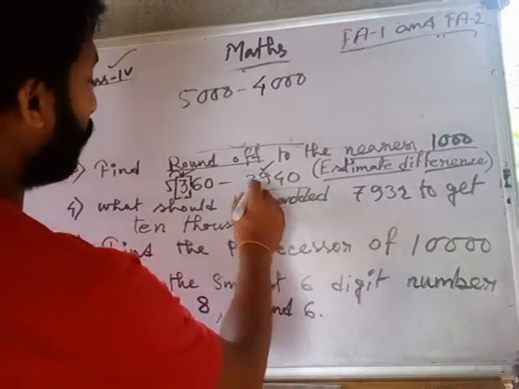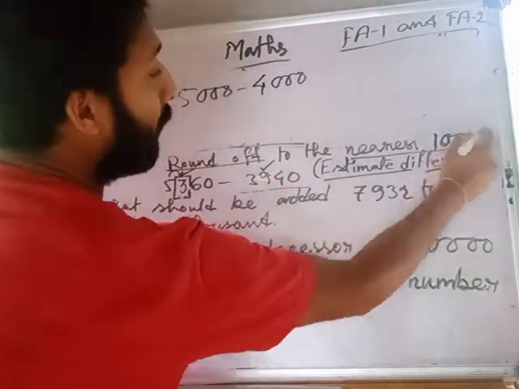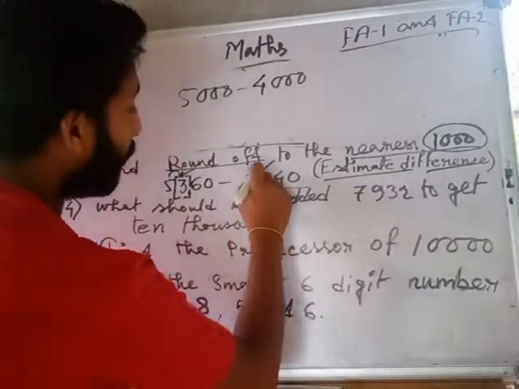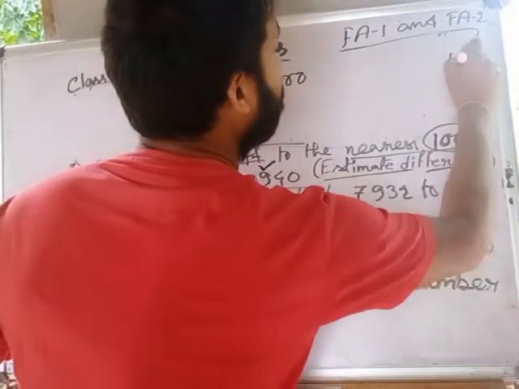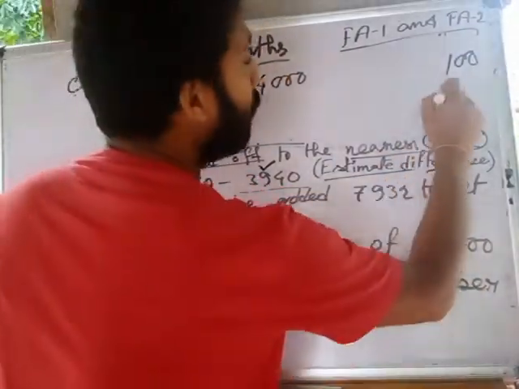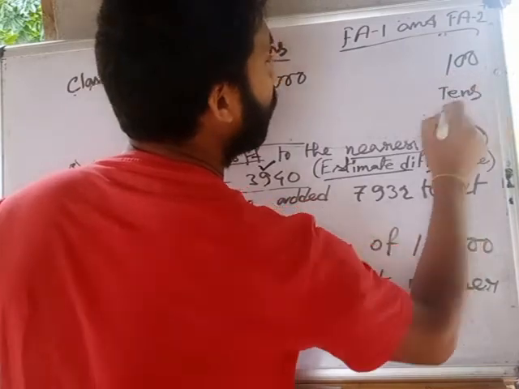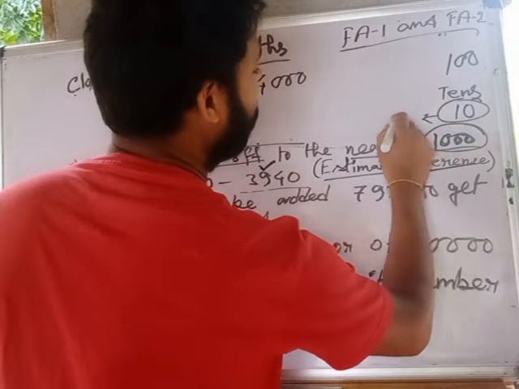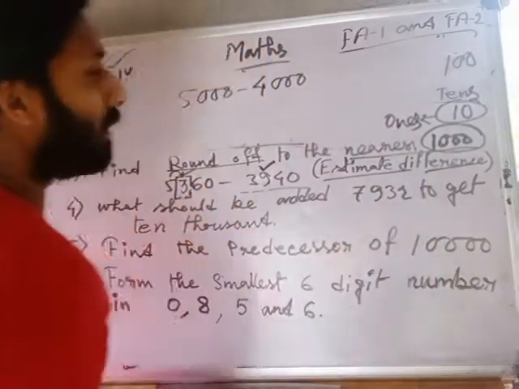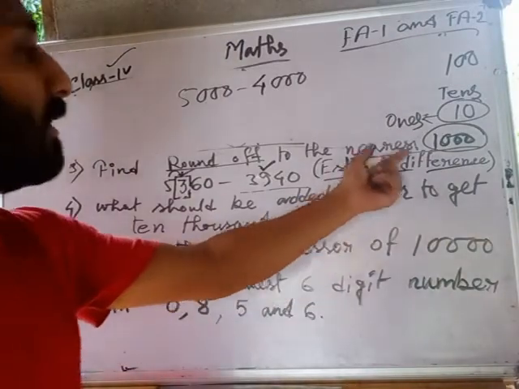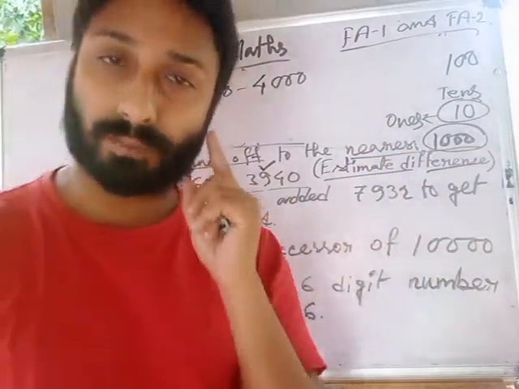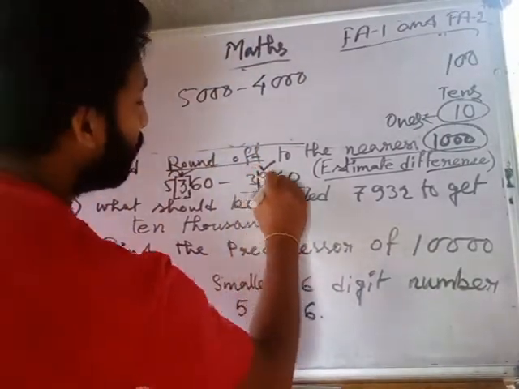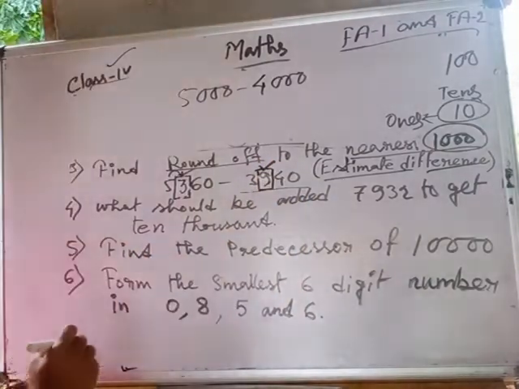If it is 3,940, for the nearest 1,000 we should follow the hundreds digit. If it is the nearest 100, we should follow the tens digit. When it is the nearest 10, we should follow the ones digit. So when it is the nearest 1,000, we should follow the hundreds digit, which is 9.